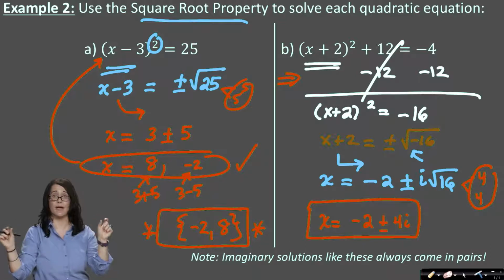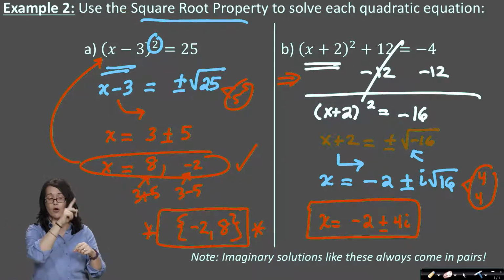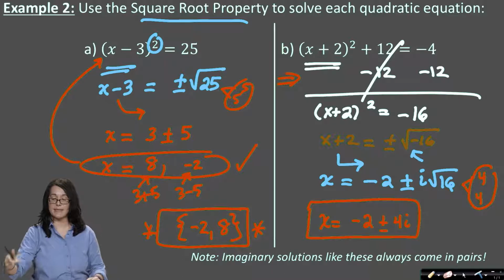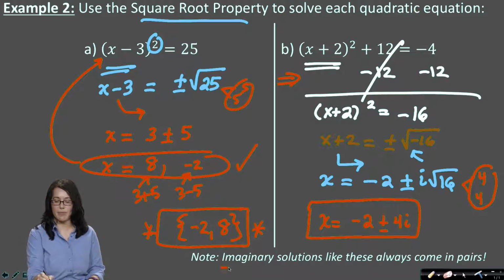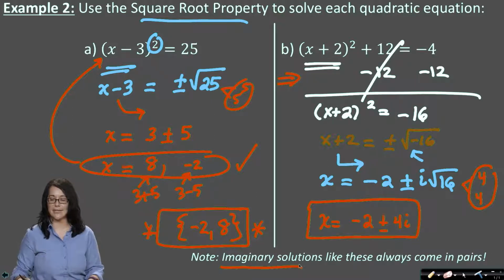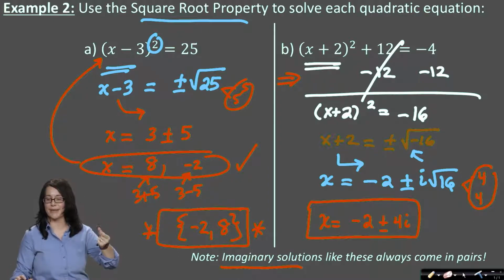So those would be our 2 x-intercepts for a parabola that would be opening up, okay? In the second context, because we get imaginary solutions, while they're important, they're not telling us x-intercepts. To be x-intercepts for this graph, you'd have to be real, okay? So those will have different meanings. But keep in mind, in my note here, imaginary solutions like these in part B, they always come in pairs, and that's because of that plus or minus.